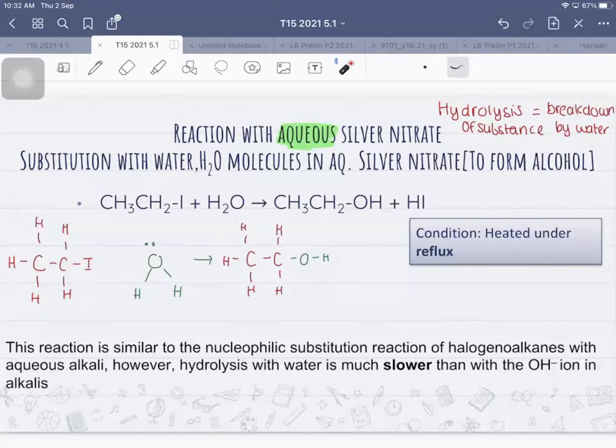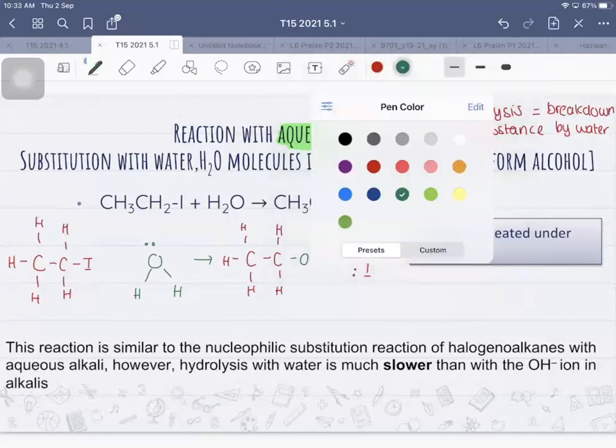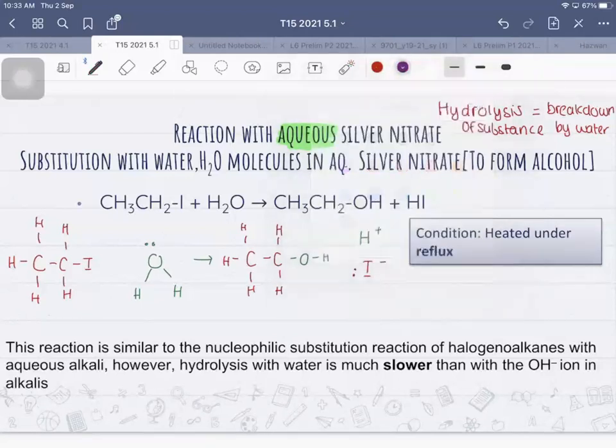The other products would be H+, which was from your water, and iodide ion, which was from your halogenoalkane. During this hydrolysis process, just like all the other substitution reactions, the carbon-halogen bond breaks, and the other products are H+ and I-.